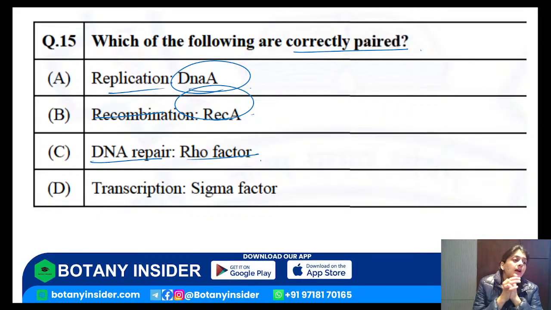Which of the following are correctly paired? Replication, DNA A, then you have recombination, Rec A, DNA repair, rho factor, and transcription, sigma factor. Mark it.